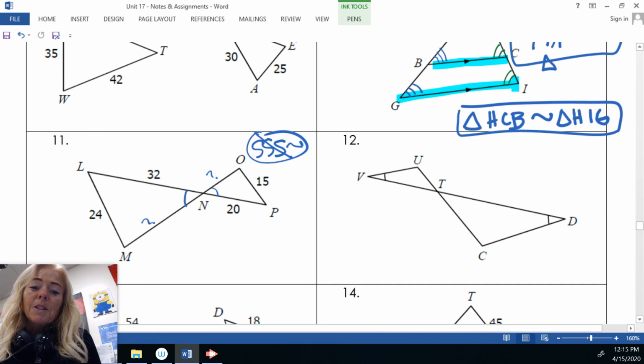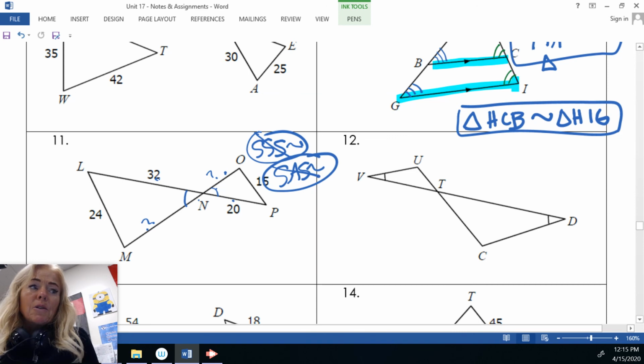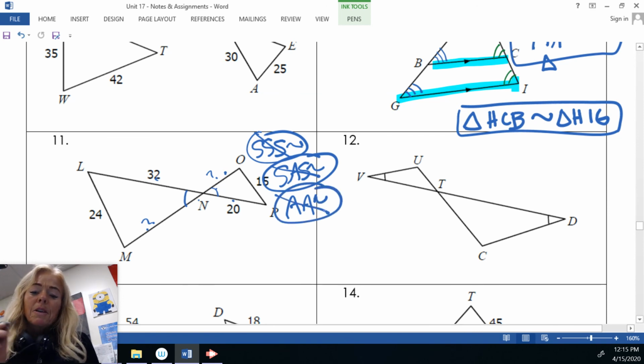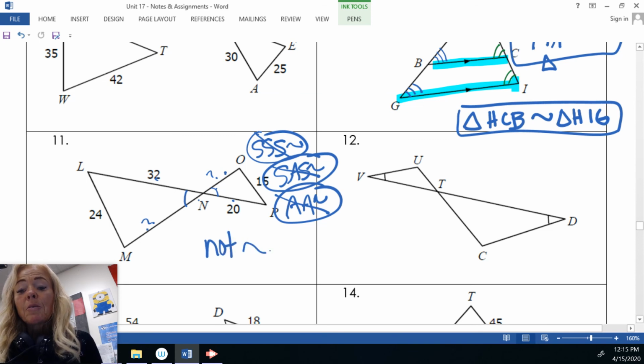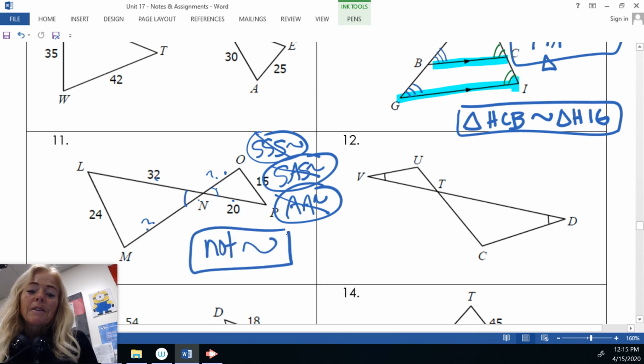I don't know those two sides. I don't have side angle side similarity because I need those sides. I need side angle side. And I don't have two angles. I don't have angle similarity. And those are my only three options. So we don't have enough information here to determine they're similar, therefore we have to assume they're not. Okay?